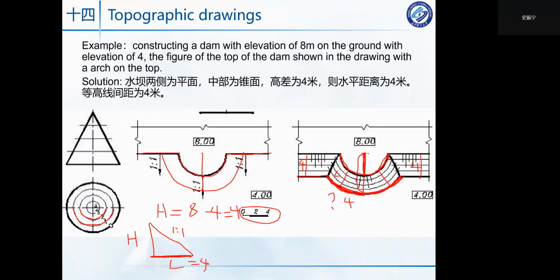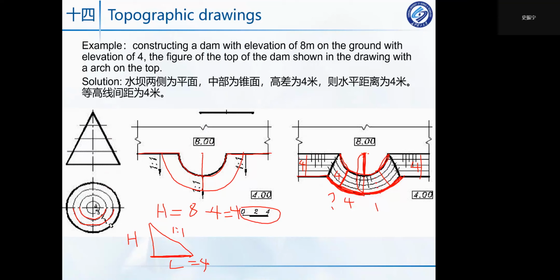For this distance, between the 8 and 4, we can divide this surface into 4 parts, and the interval of each line is 1. So you can see it is 8, 7, 6, 5, and this is 4.